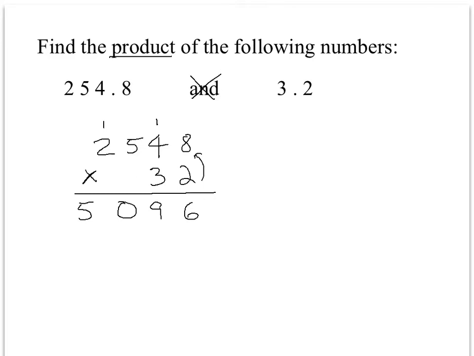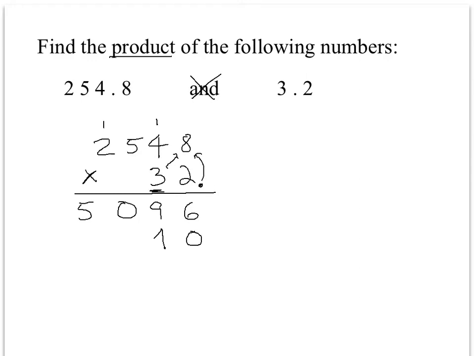Okay, now I'm getting ready to multiply this next digit here. If the decimal were right here, that 3 would be in the tens place. So that's really not 3, it's 3 tens. So I'm going to start with a 0, and then proceed just multiplying 3 times 8. 3 times 8 is 24.